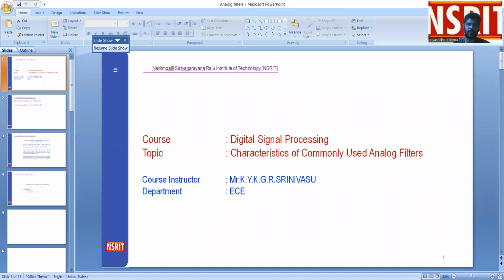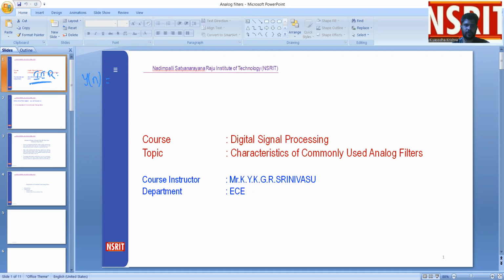From the definition of the IIR filter we already studied, I can define the expression.